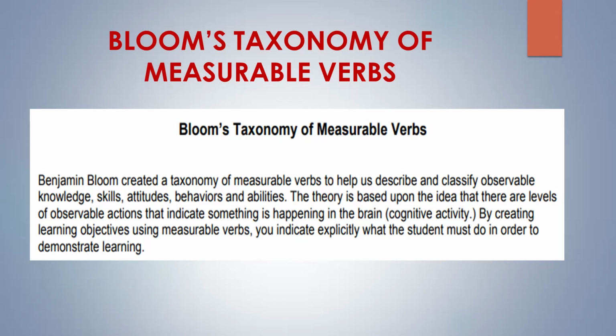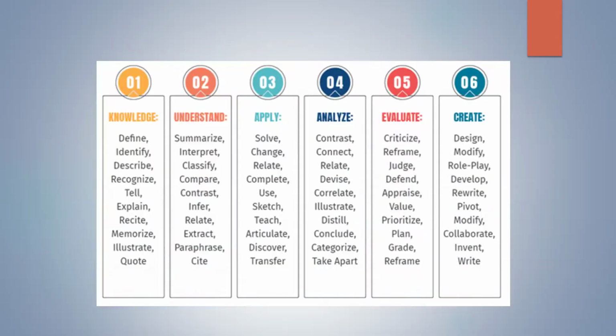By creating learning objectives using measurable verbs, you indicate explicitly what the student must do in order to demonstrate learning. And similarly, as I have given you the example about designing the paper, it could be the objective of the class, right? How you're going to start your class, what would be the objective of your class, what you want your students to gain at the end.